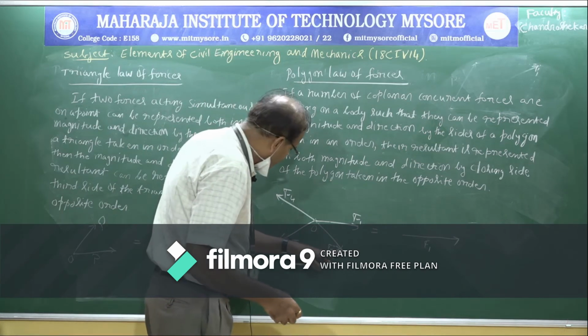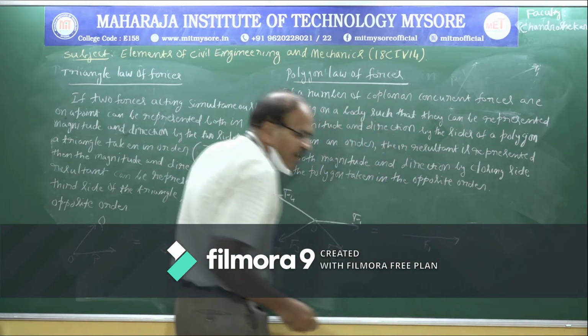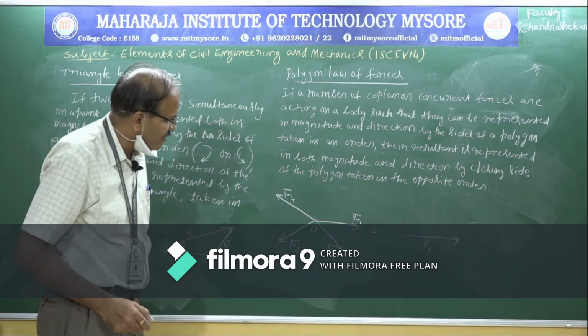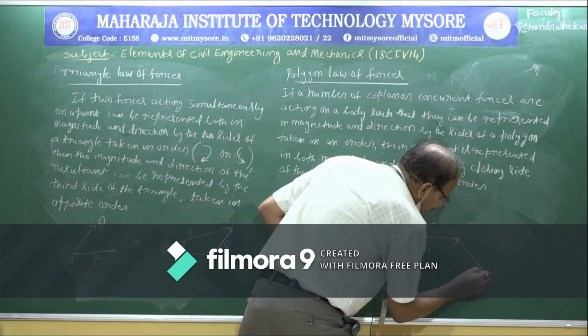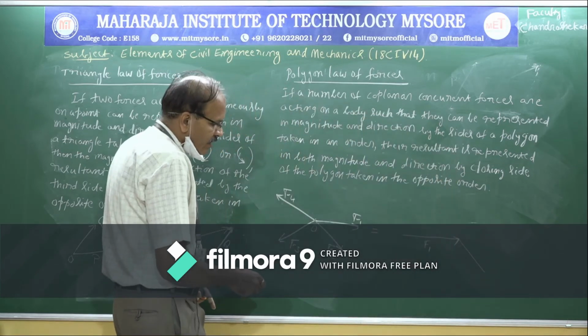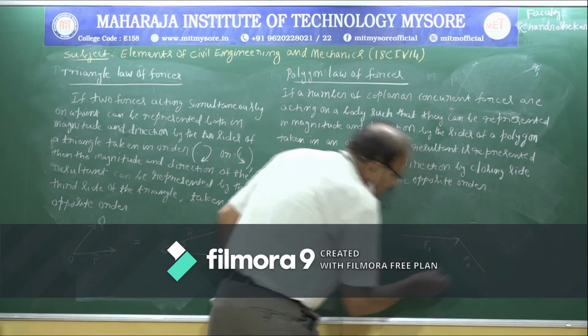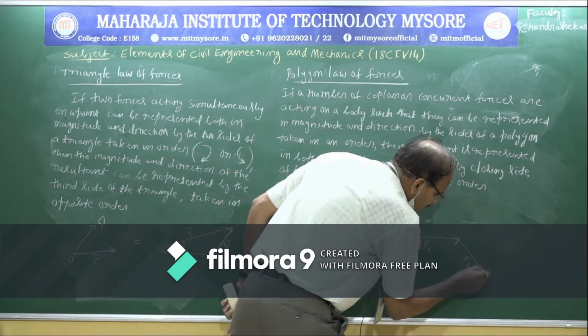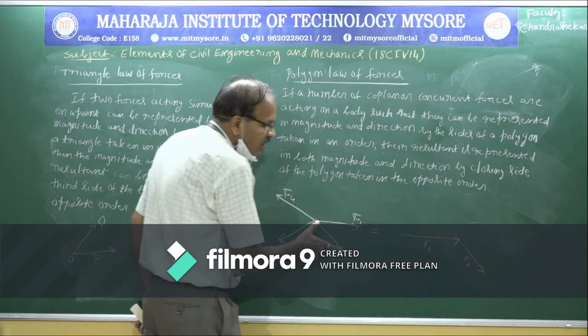From this point where the arrow head is, I draw a line with magnitude equal to F2, and the direction exactly like this, to this scale.